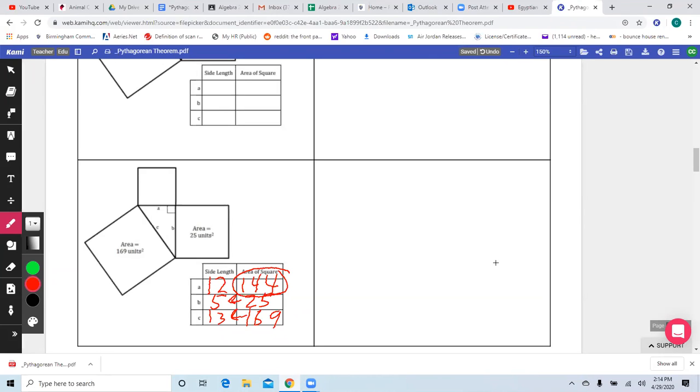But let me show you how to do this using the formula. A squared plus B squared is equal to C squared. So this time I'm looking for A. And then B squared is the square of B, so this is 25. And C squared is the square of C, so this is 169.